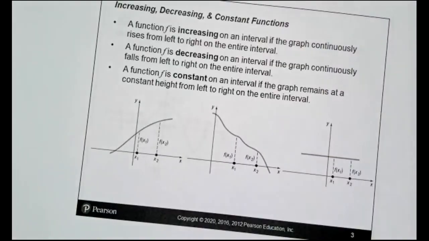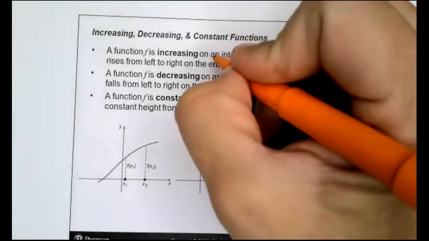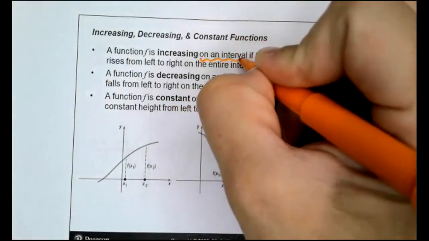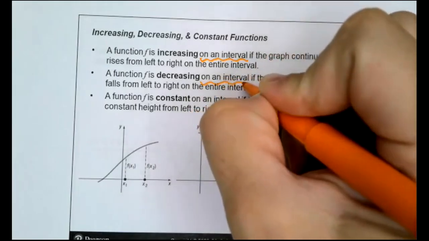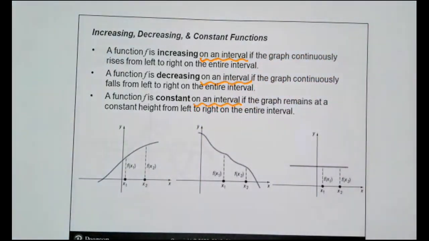Now let's talk about increasing, decreasing, and constant. A function is increasing on an interval. So all of these say on an interval. It just means for part of the graph, okay? An interval is part of the graph. We're not talking about what it's doing for the entire length of the graph.